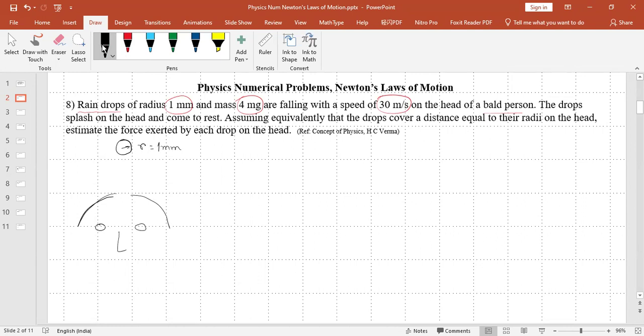Radius r is 1 mm, which is equal to, in the MKS system, 10 to the power minus 3 meter. Its mass is 4 milligram, which is equal to 4 into 10 to the power minus 3 gram.